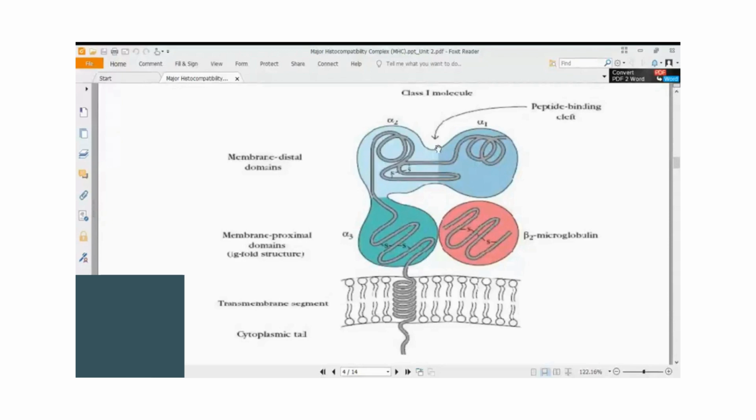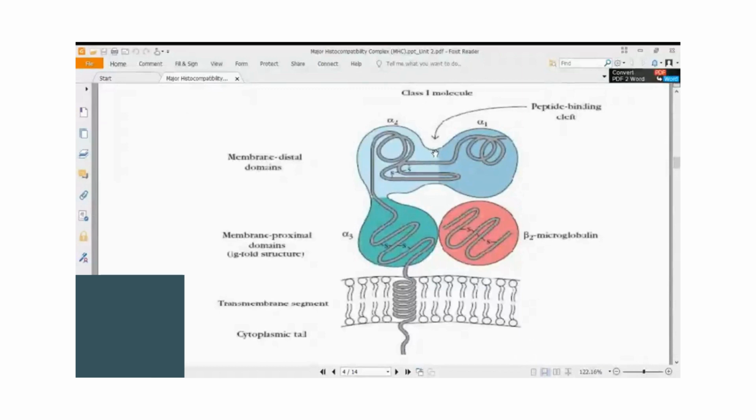So therefore, the self antigens plus the antigens that originate within the cell are presented on class 1 MHC. When it is presented on class 1 MHC, it is going to be recognized by the T cytotoxic cells. Please remember this. It is a thumb rule. Any antigen that is presented on class 1 MHC is going to be recognized by the CD8 T cell, or it is called the TC cell or T cytotoxic cell.